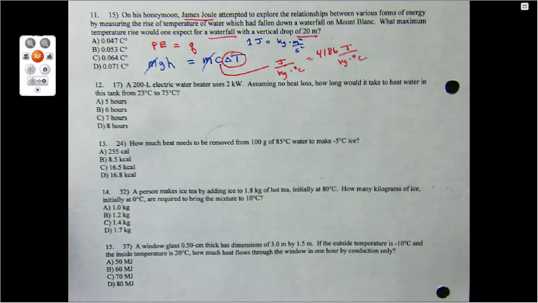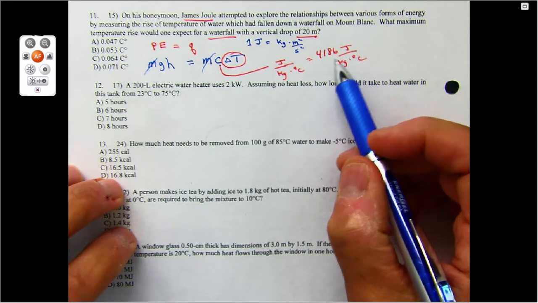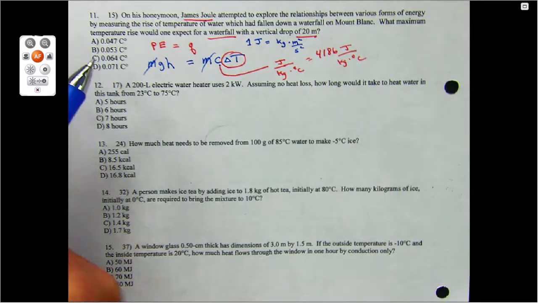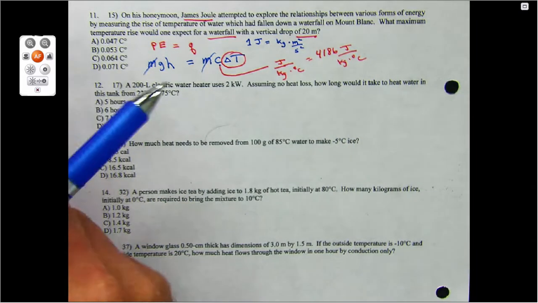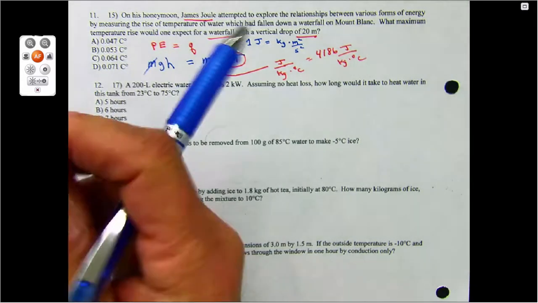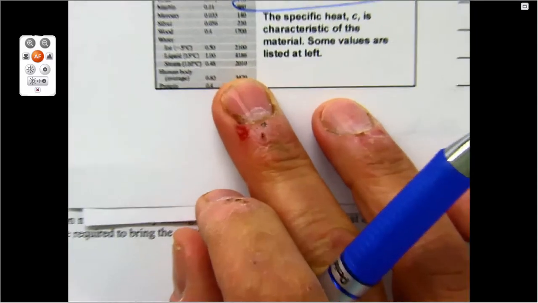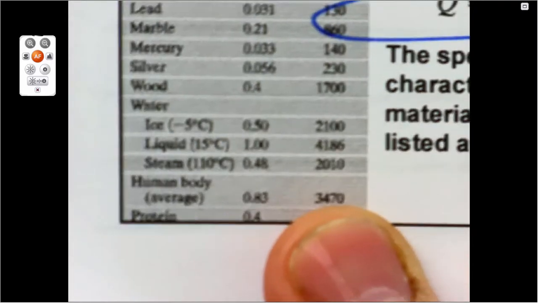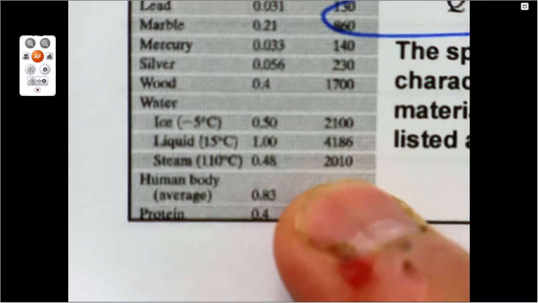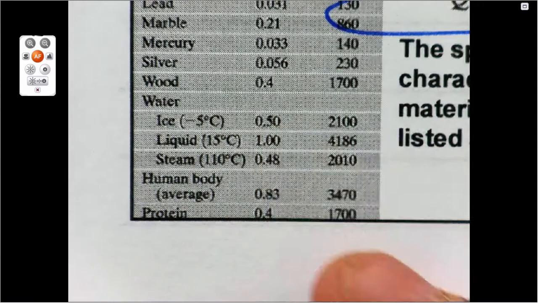All right, what else do we have on this baby? 4186 is in our chart here. It's joules. Right there. Liquid water, 4186 joules per kilogram.